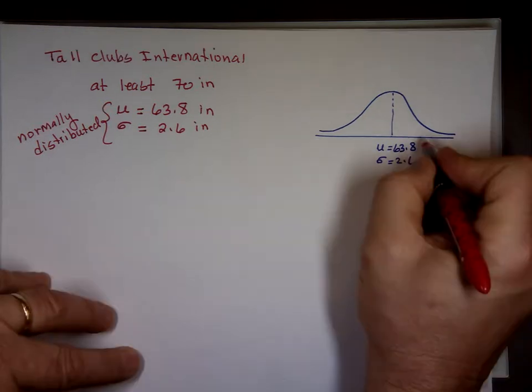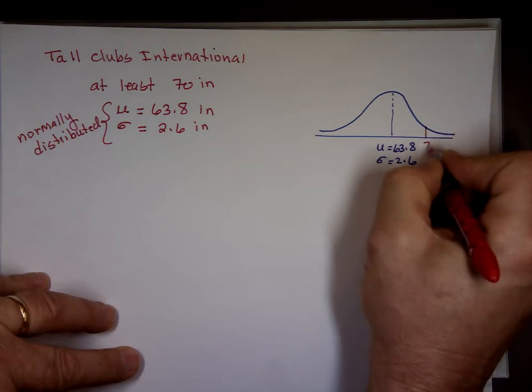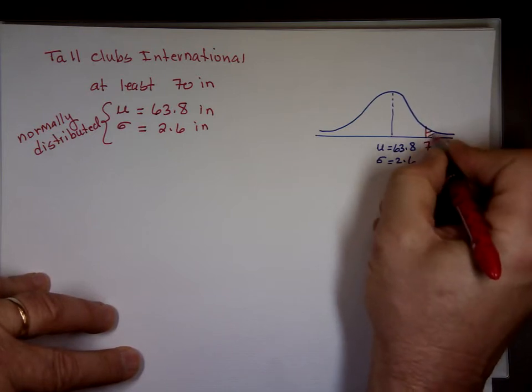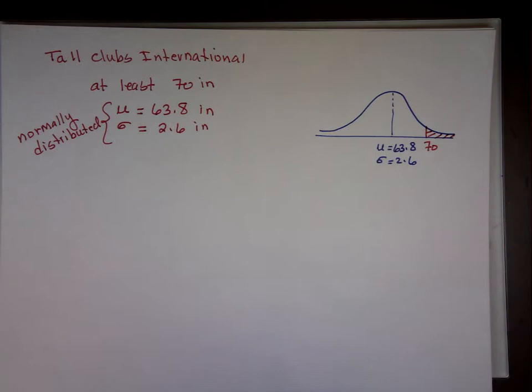That's the minimum value, so 70 or more. So to join them, you got to be in this group, 70 or higher. And what percent of the women can join the Tall Clubs International? When you say what percent, what is the probability?